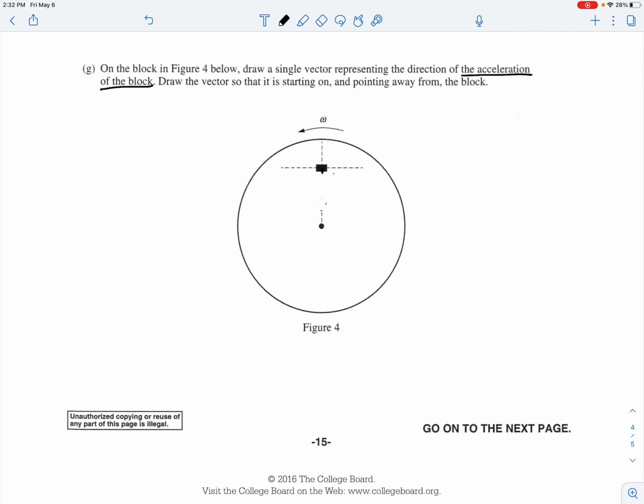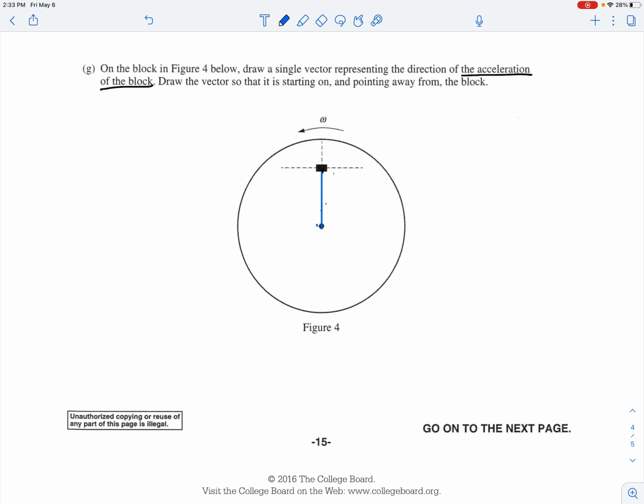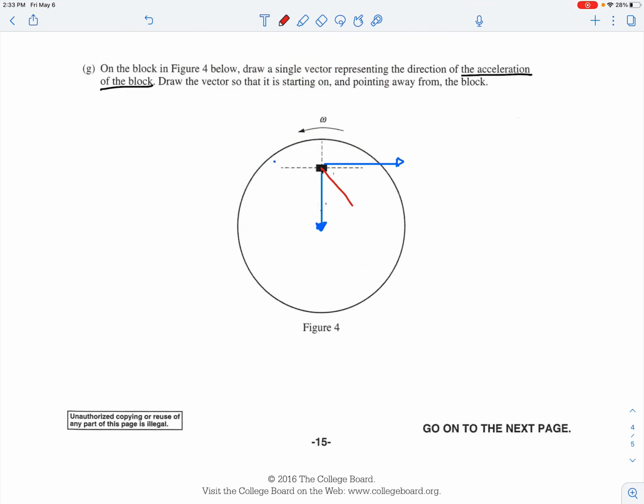The actual acceleration of the object has two components. So I'm going to put this in blue. You have a radial component, and you'd have some tangential component, right? In this case, if it's slowing down, or there's some torque acting on it to slow it down, then the tangential component would be in this way. So when you add these two together, the resultant would be somewhere like this. So that's your actual acceleration, right?